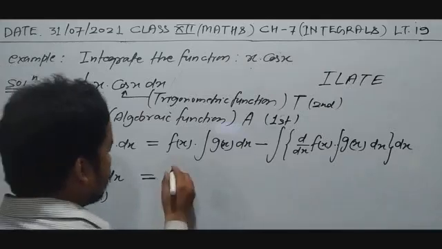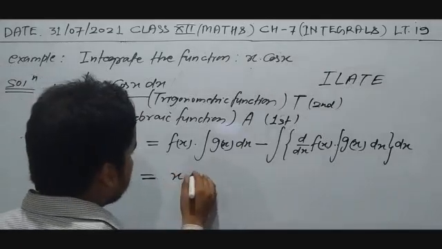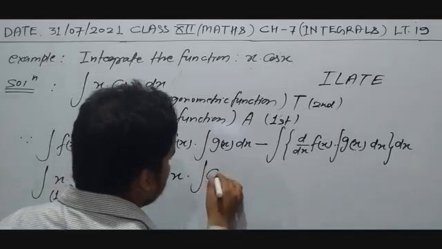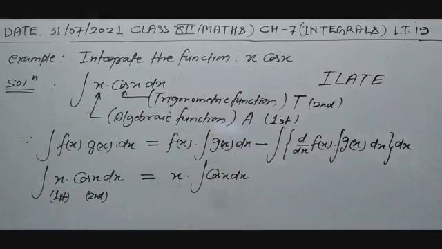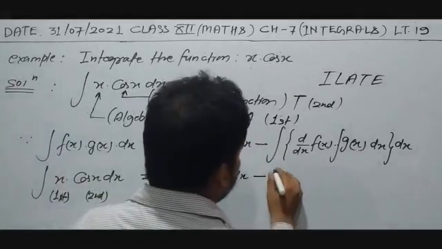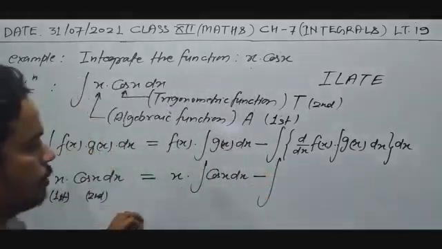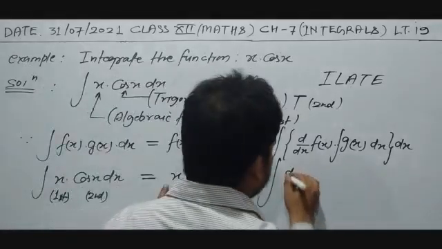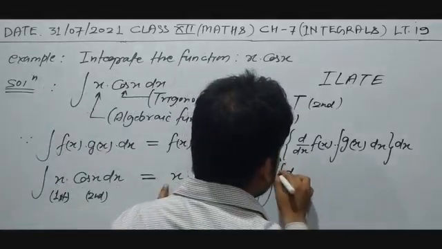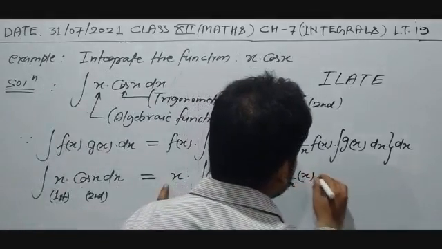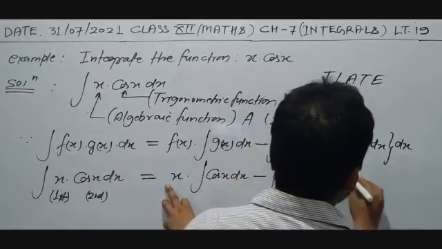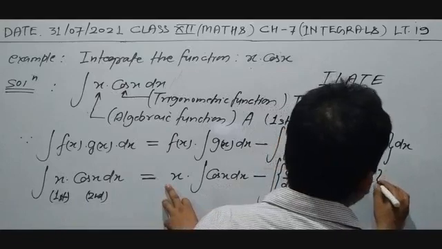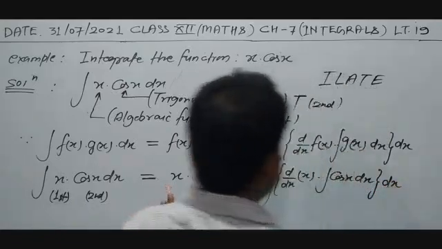So first function, that is x, into integration of cos x dx, minus integration over d by dx of x into integration of cos x dx, whole dx.